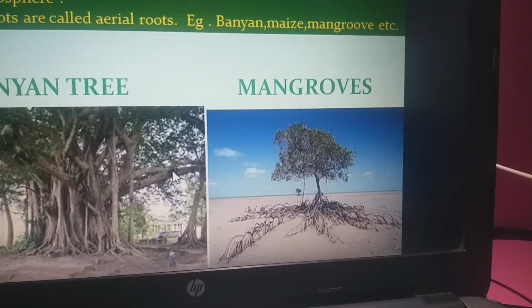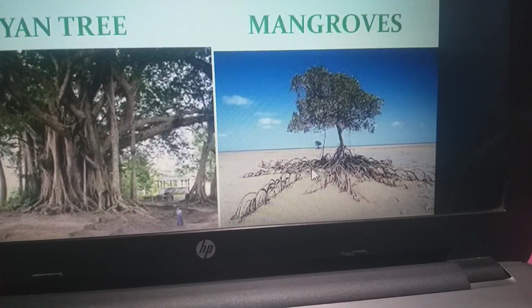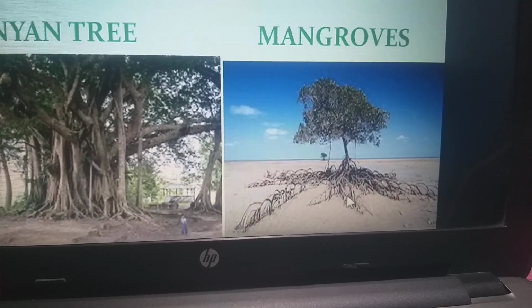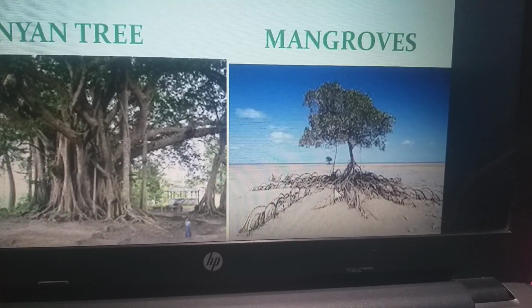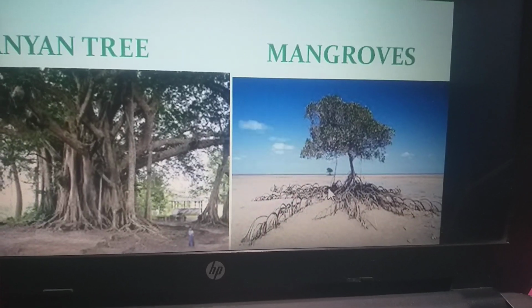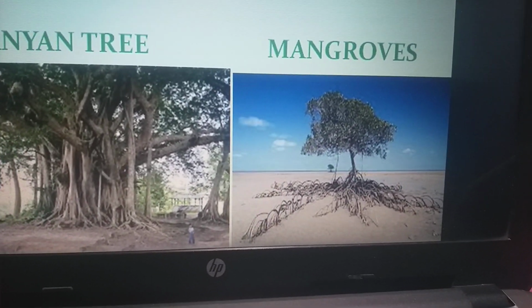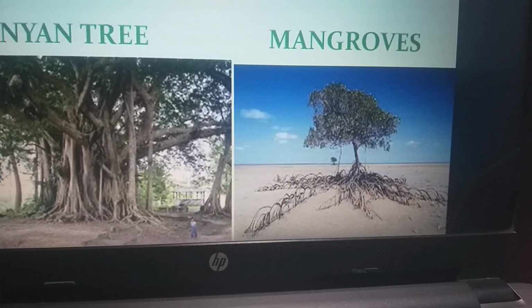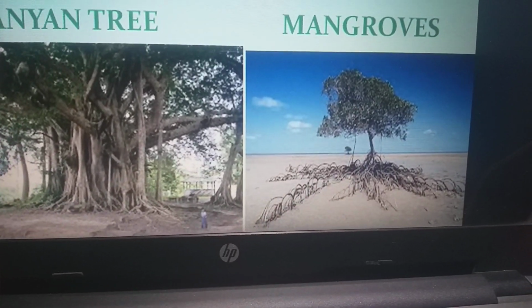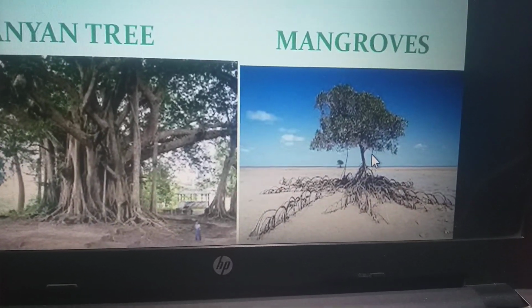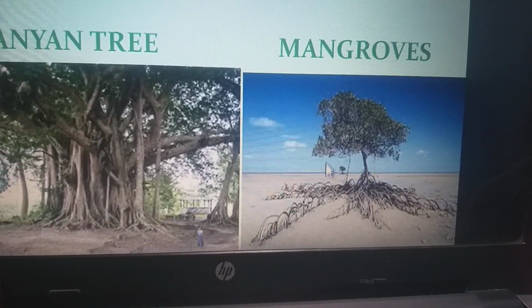Next root is mangrove. The roots of the mangrove plant come out of the soil to get extra oxygen. So the question is, why do these roots come out of the soil? Because the mangrove plant grows in marshy area. Marshy area means damp area, muddy area.